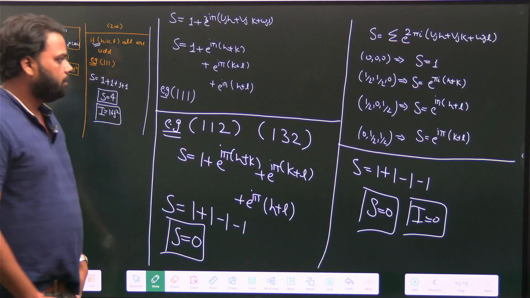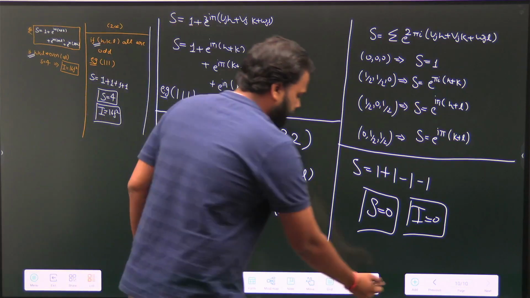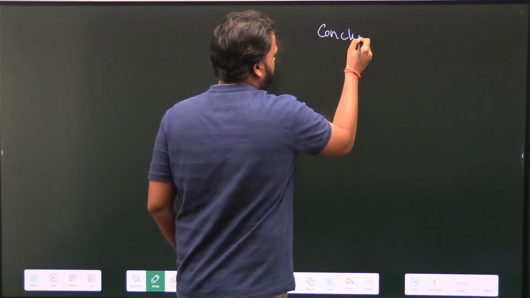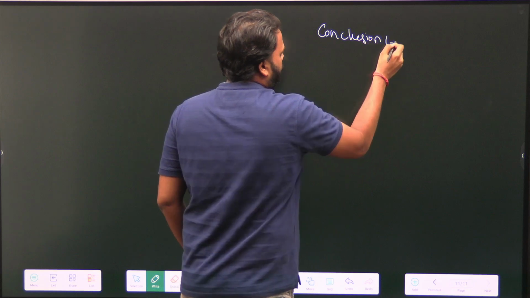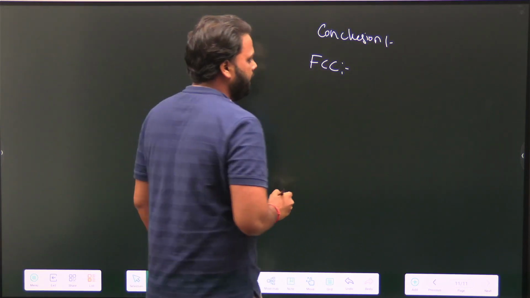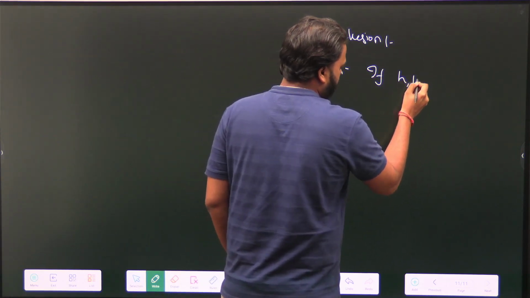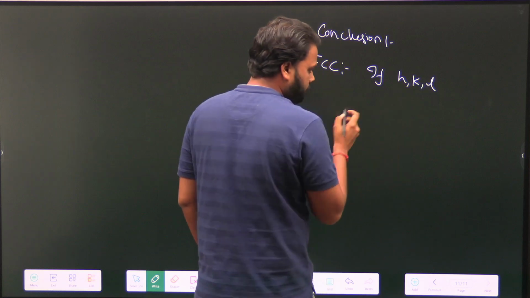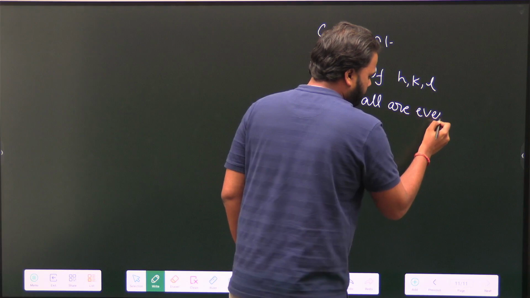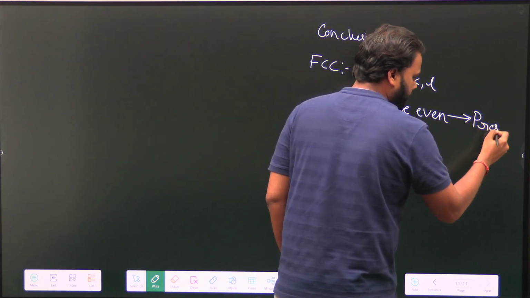So the conclusion is, I'm writing here, for the FCC lattice, if h, k, l are all even, then the peak will be present.